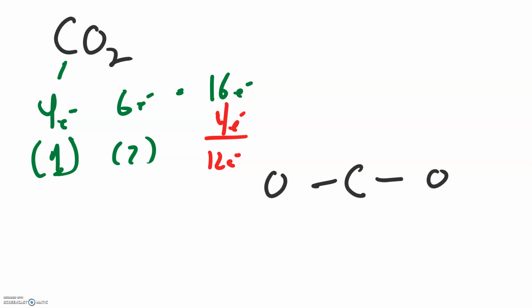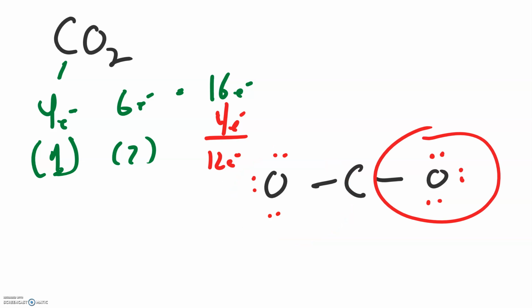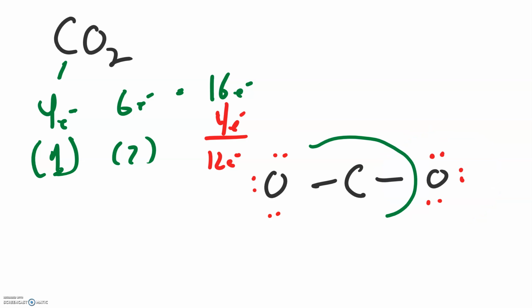So we'll fill the outermost valences with 6 electrons for a total of 8. So now this oxygen has access to 8. This oxygen has access to 8. But if you notice, this carbon only has access to 4. So a nice trick that we'll use is we'll take a pair of electrons from this oxygen and put them here to make sure that this carbon has access to 8.